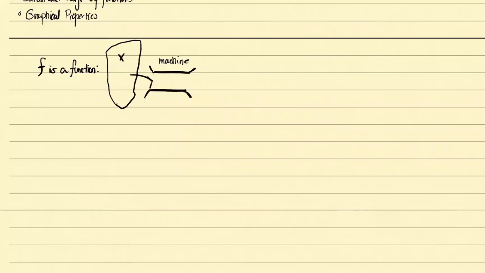So x is a set of numbers. It's some type of input that I'm allowed to put into the machine. And inside the machine is a function. And what that function does is it transforms my original thing that I put inside to a new value called f of x. At its heart, that's what it is.